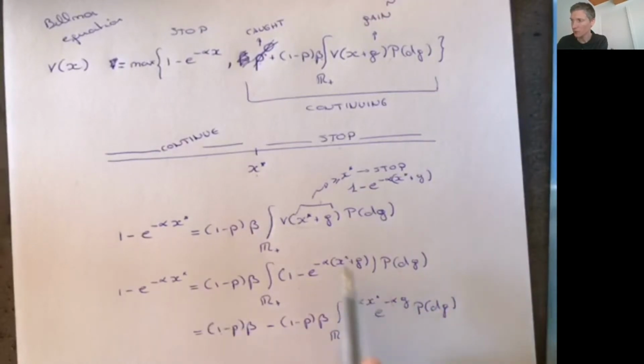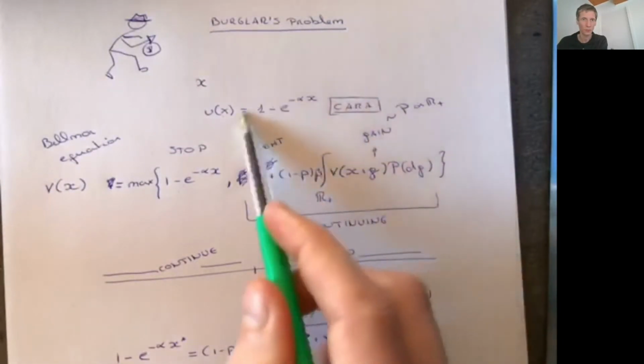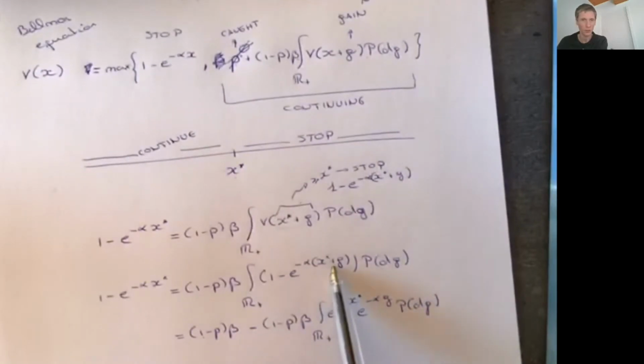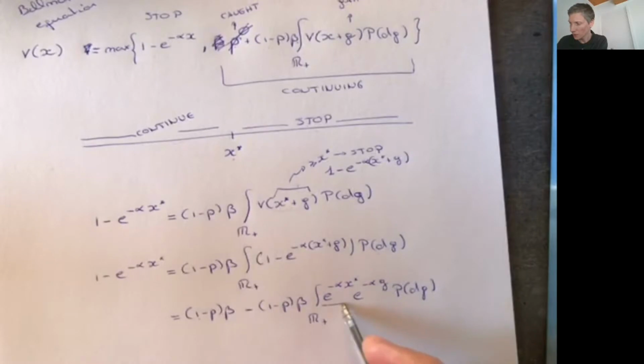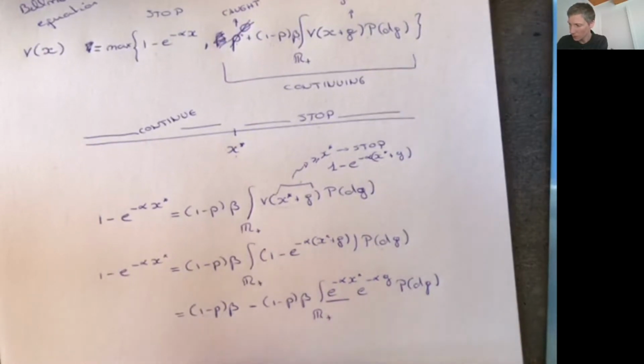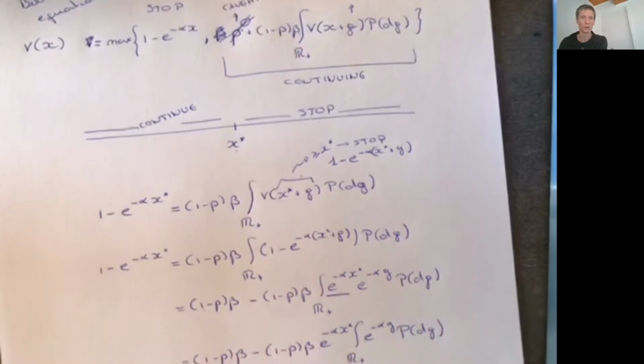Okay, so this is why this constant absolute risk aversion function is nice, because you can write the sum as a product of two terms. And here this first part doesn't depend on g. Okay, so you can put it outside of the integration. 1 minus p times beta, and then e to the minus alpha X star, integrating over R plus of e to the minus alpha g times p.